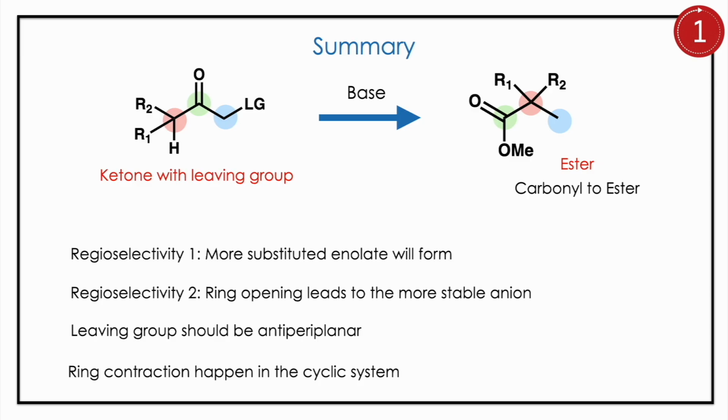The second one is that the ring opens always to form a stable anion. Then the leaving group is better in the anti-periplanar position. It will help the carbon-carbon bond formation as well as assist the bromine elimination. The last and important thing is that ring contraction always happens in the cyclic system.